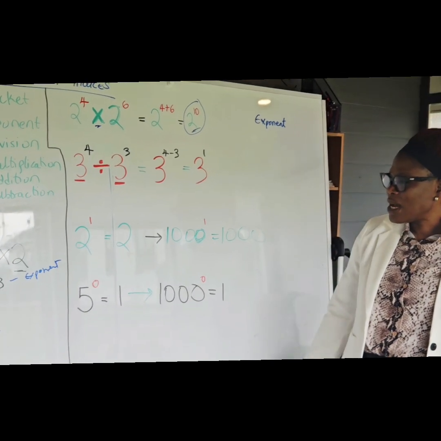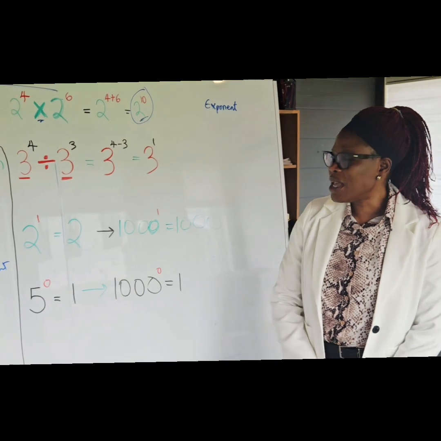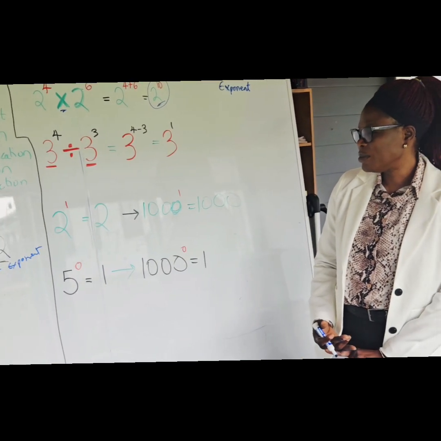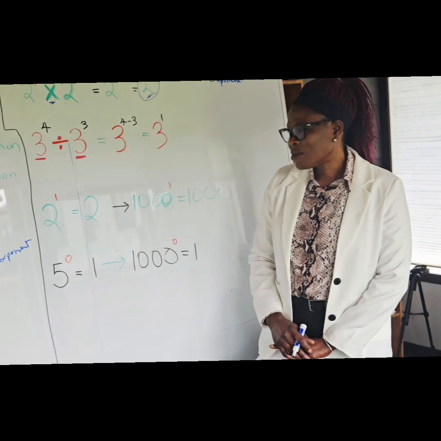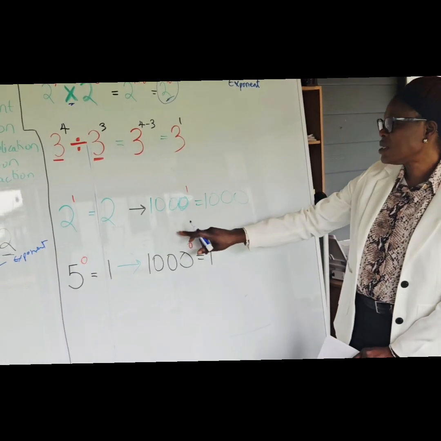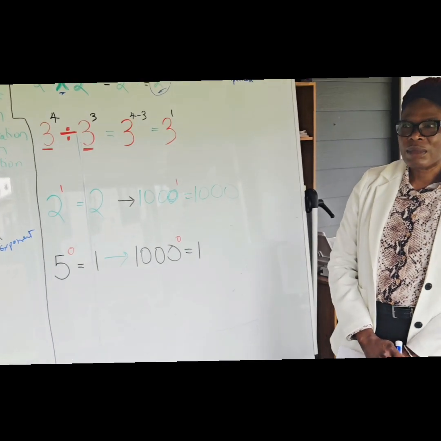And another law says, when you raise a number to the power of 1, what happens? It's the same thing. 2 to the power of 1 is 2. 1,000 to the power of 1 will still give you 1,000.